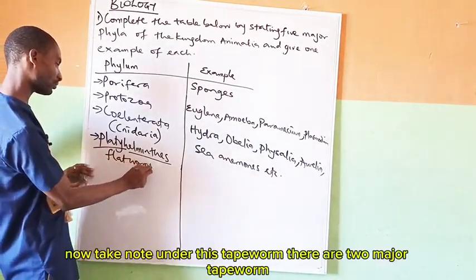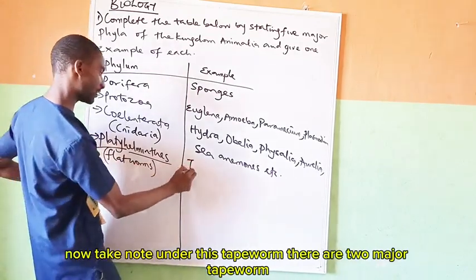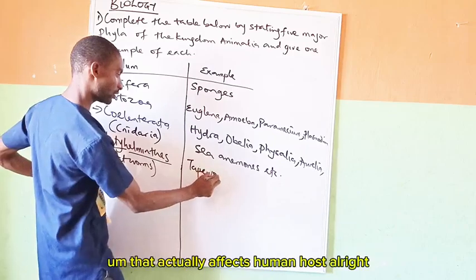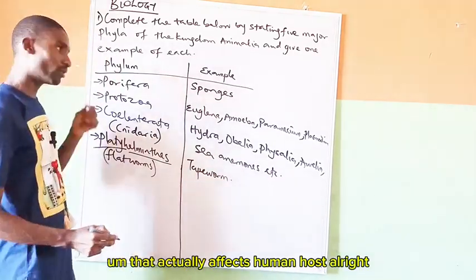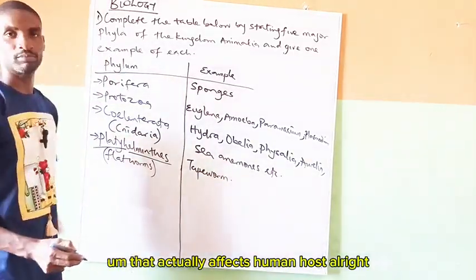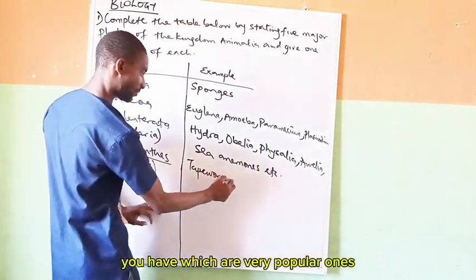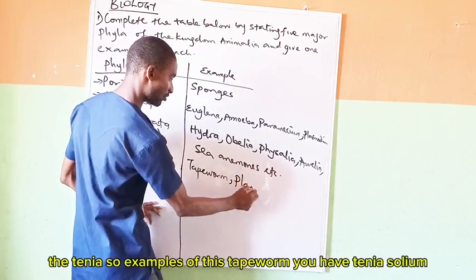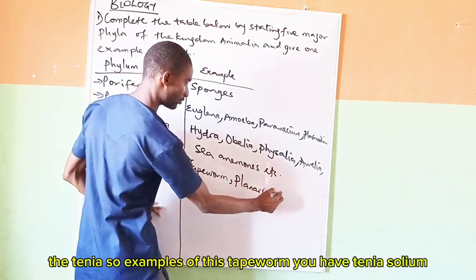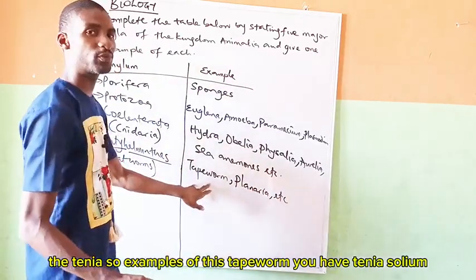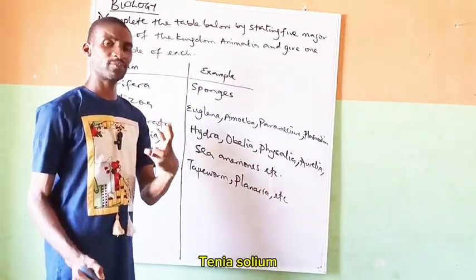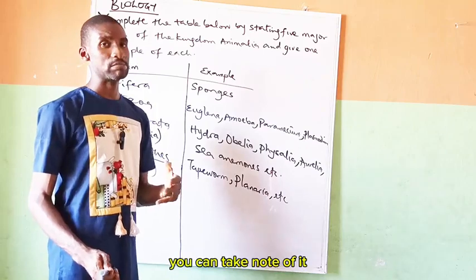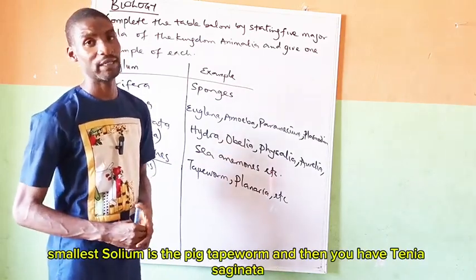Examples of flatworms are tapeworm and planaria.